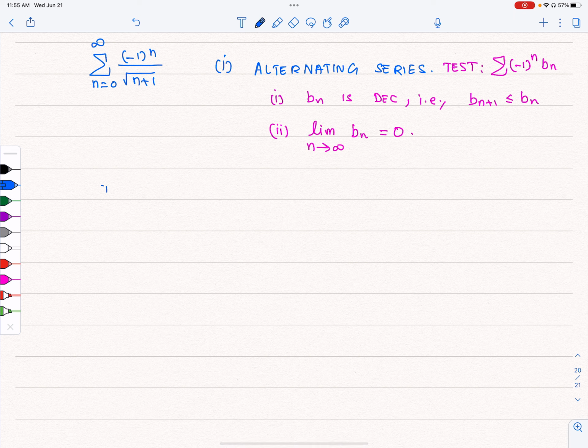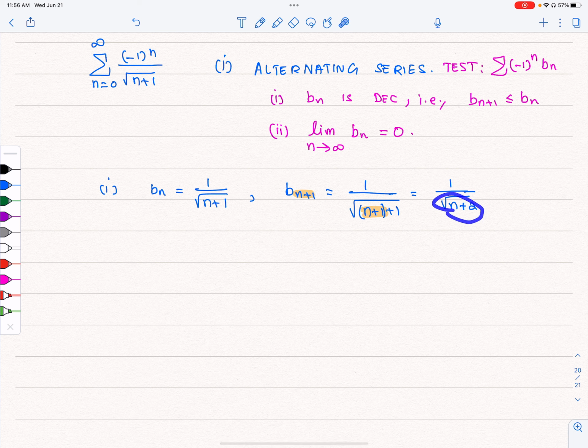We take a look at condition number one. The b_n, which in this case would be 1 over the square root of n plus 1, and then your b_(n+1) is going to be 1 over the square root of (n plus 1) plus 1, which is 1 over the square root of n plus 2. As you can see, the denominator got bigger.